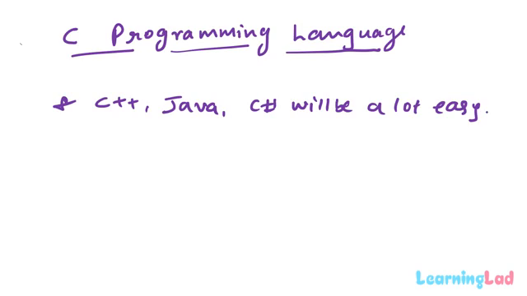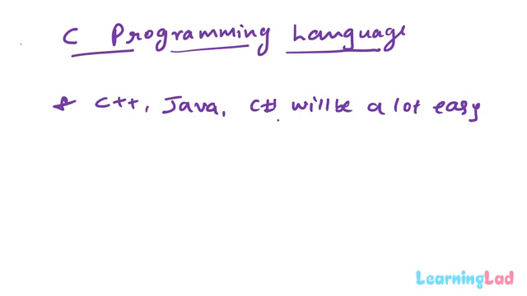These languages use something called the object-oriented programming approach, and if you know C, then learning object-oriented programming will be a lot easier. Also, a major part of many modern programming languages is written using C. These languages also take a lot of features from C, and that's why C is also called the mother of all languages. So if you learn C, then learning any other language will be a lot easier.